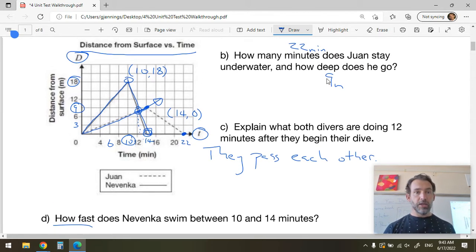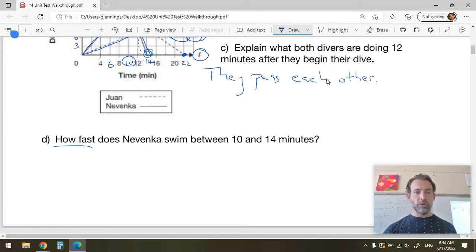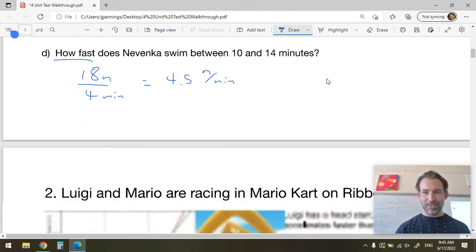So going from 18 to 0 means she's traveled 18 meters. And how long did it take? 10 minutes to 14 minutes? That's 4 minutes. So I would say this is 18 meters over 4 minutes. And that's equal to 4.5, or 9 over 2 if you use a fraction, but 4.5 would be ideal here, meters per minute.